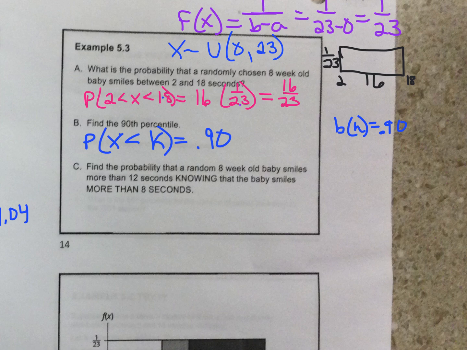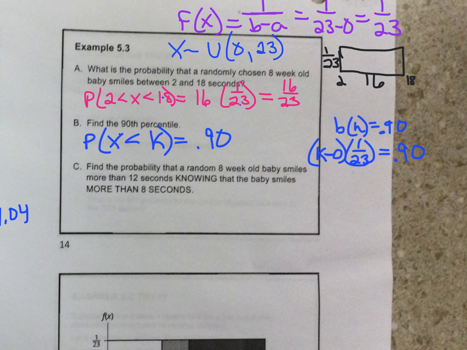I know my height is 1 over 23, and my base, B is my base, would be a number minus 0. Then I'm just going to solve it.